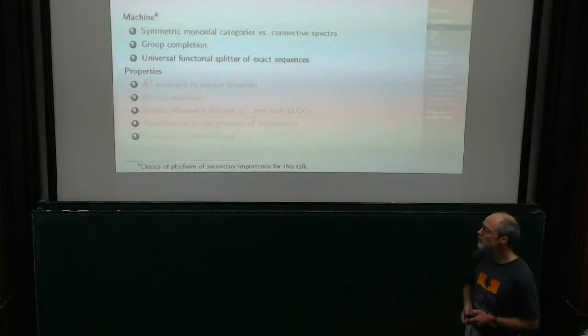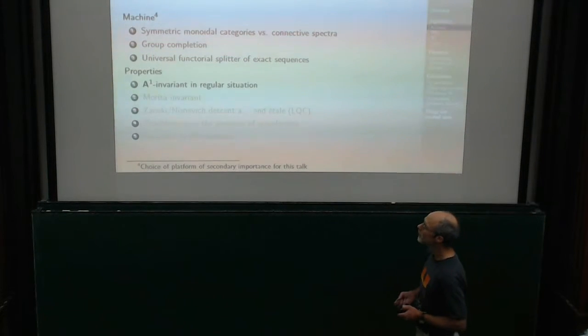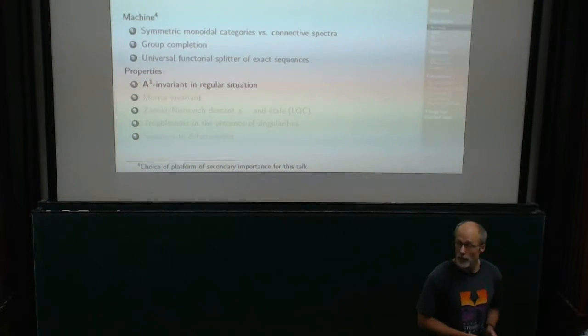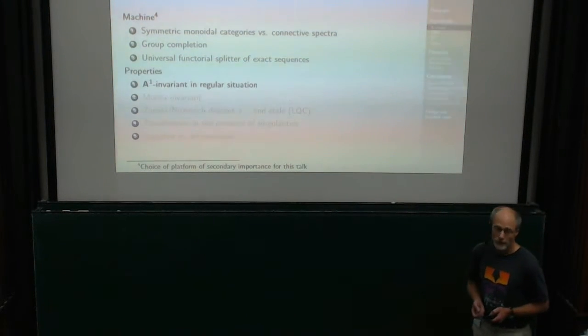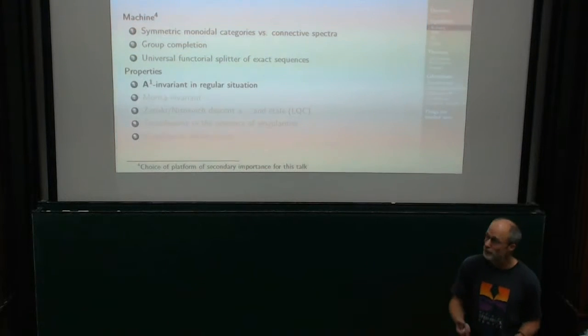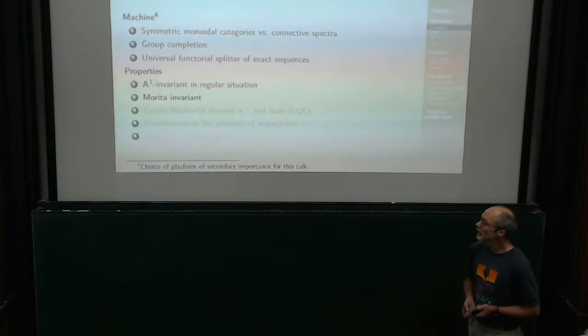Okay, so what properties does it have? And some of these are going to be important later on. First and foremost, in the regular situation, it is A1-homotopy invariant, in the sense that for a regular ring, K-theory doesn't care whether you're talking about the K-theory of the ring or its polynomial rings or anything like that.